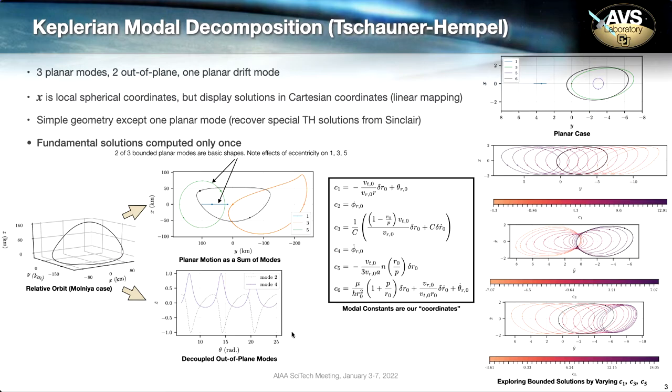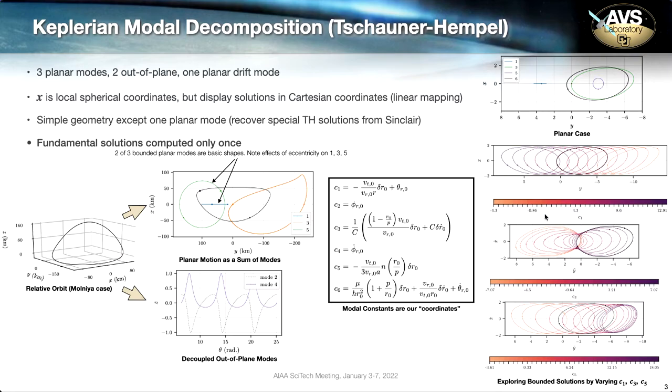And when we examine the relative motion modes themselves, we see that two of the three bounded planar modes are basic shapes, and the distorting effects of higher eccentricity are all mostly rolled into one fundamental solution, this third solution here. And over here on the right, I show an example of relative motion in black in terms of its constituent modes in colors.